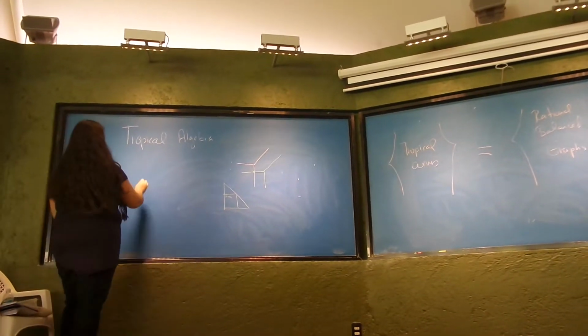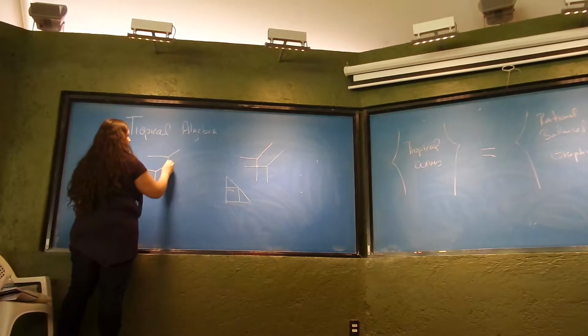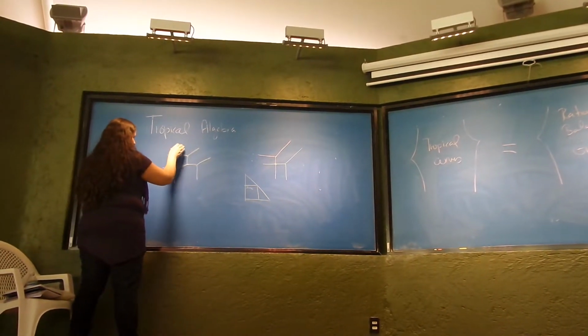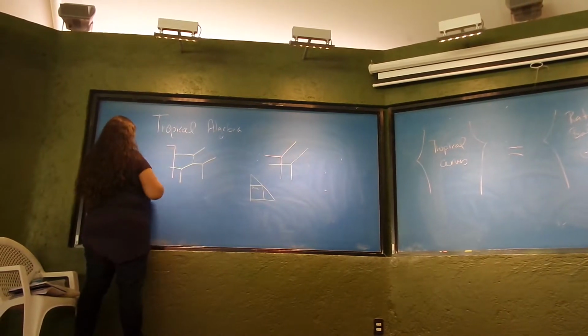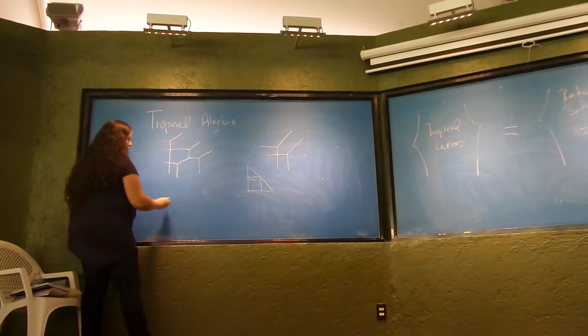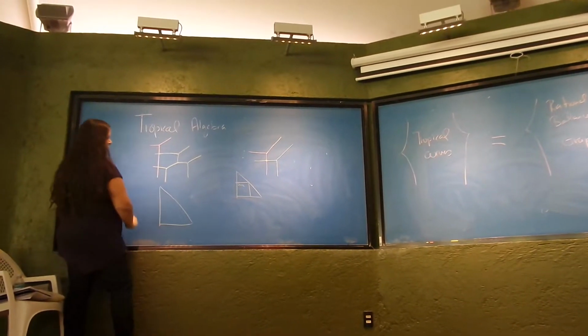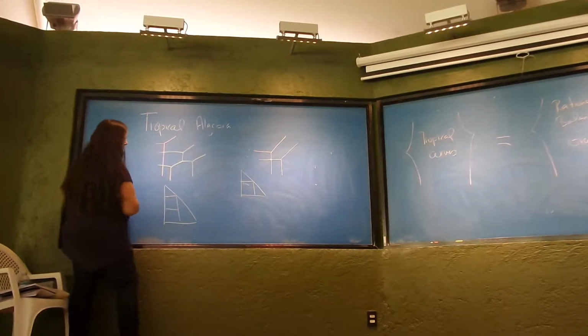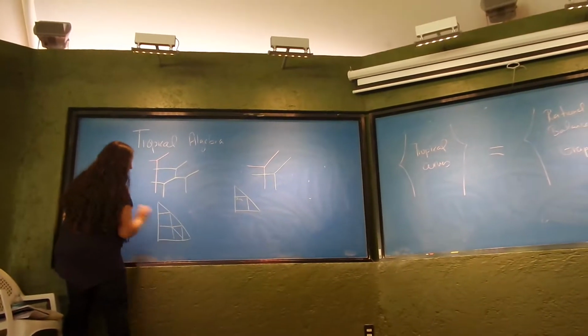And for example, if I have my conic, and I'm going to have a line. If I make the dual subdivision, it's going to be something like that.